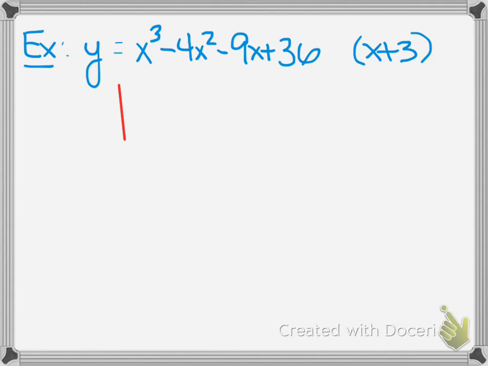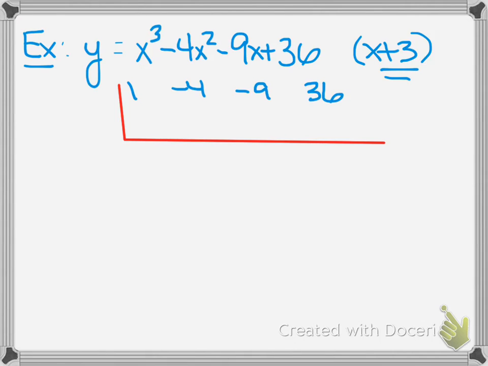So what we do is we divide, and again we use our synthetic division. 1, negative 4, negative 9, 36. Again, since it's a factor, I have to do the opposite.